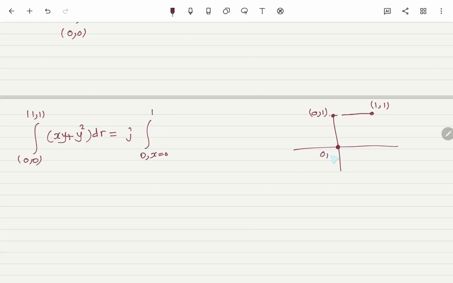So y is changing from 0 to 1, but x is kept constant.